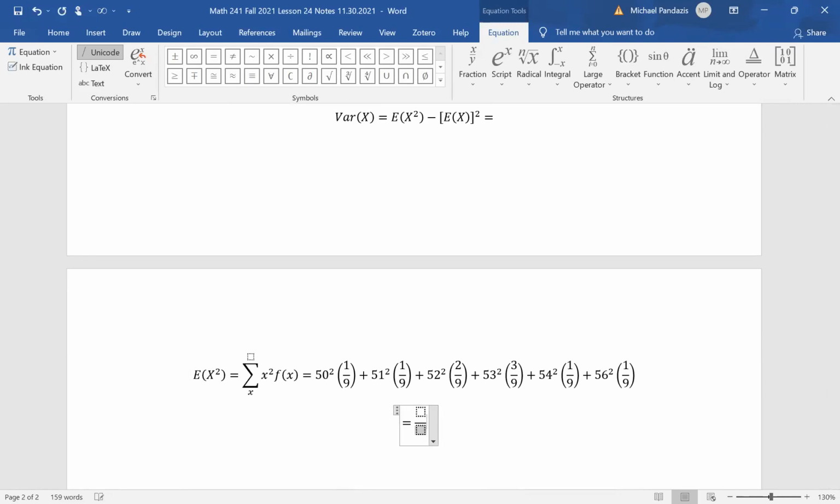Yes. Okay, so then the denominator is 9. 50 squared is 2500 plus 51 squared. Okay, I'm gonna use my calculator now. So I'm just gonna put the numbers in here.